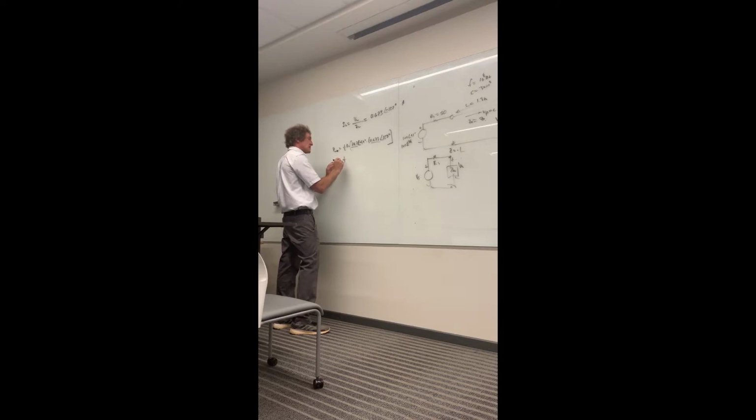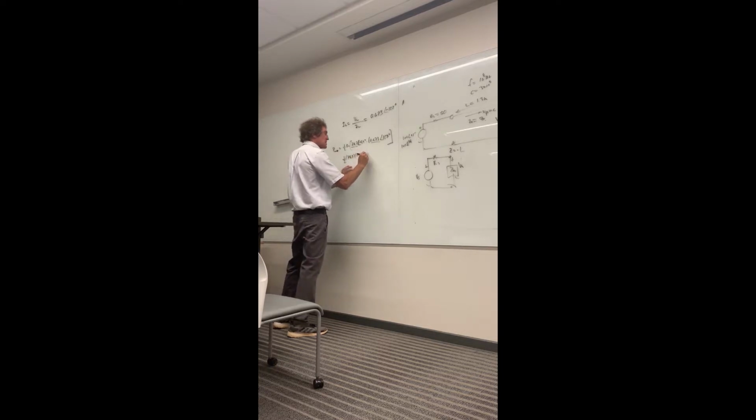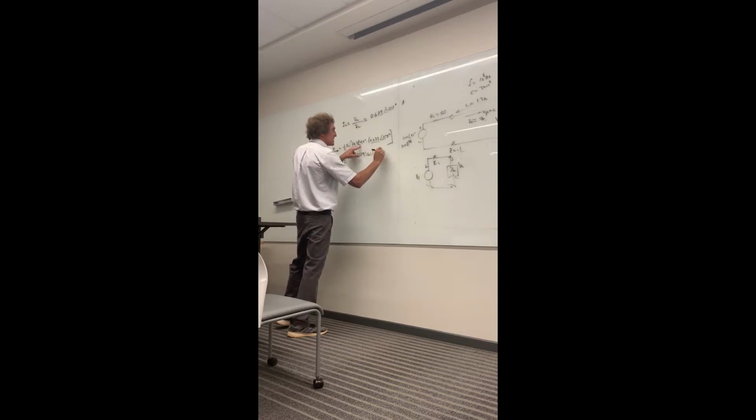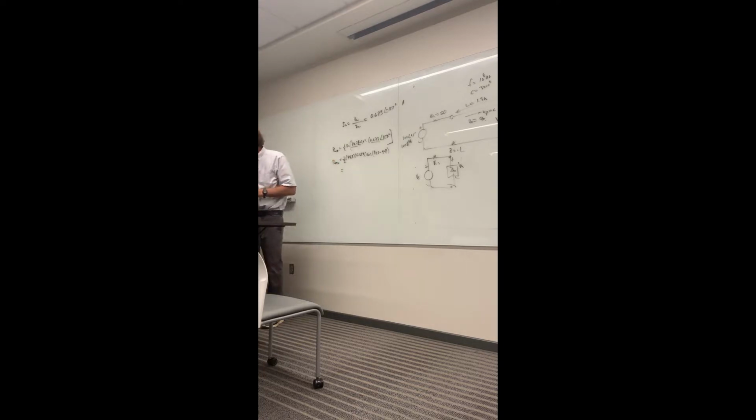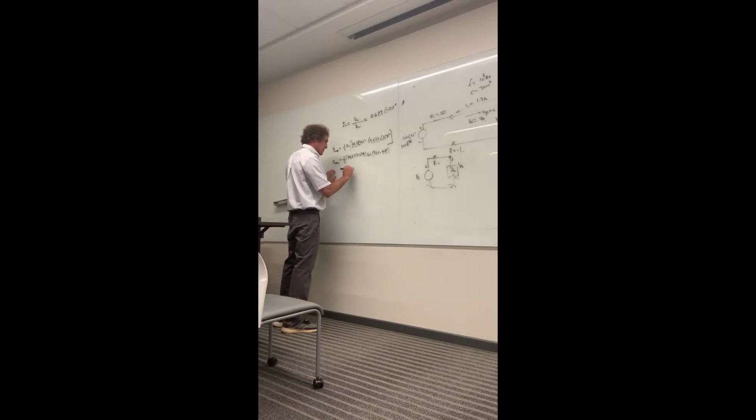So its final answer is 1/2 times 78.7 times 0.673, and then it's times the cosine of 153 minus 94, and this is in degrees though. And that should be P at the load. And I got 13.575 watts. Y'all get that?